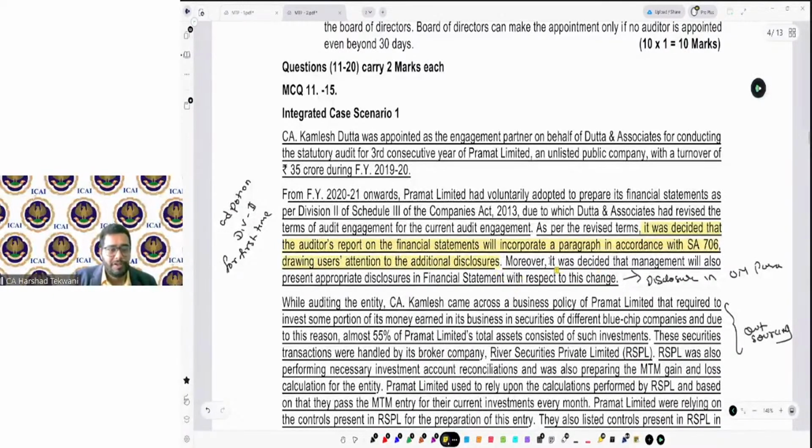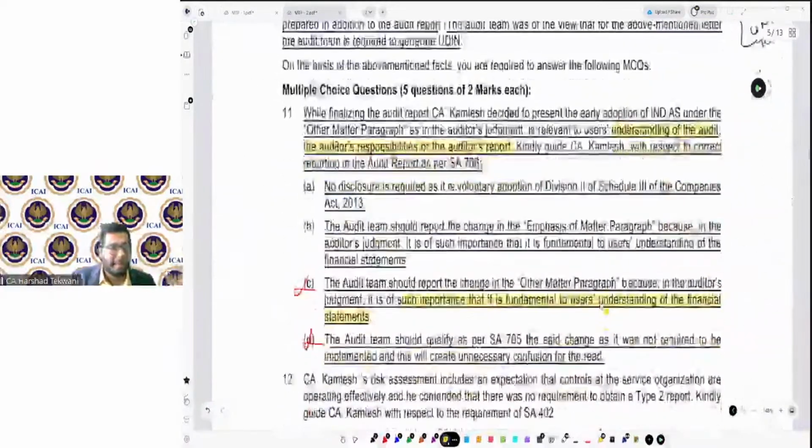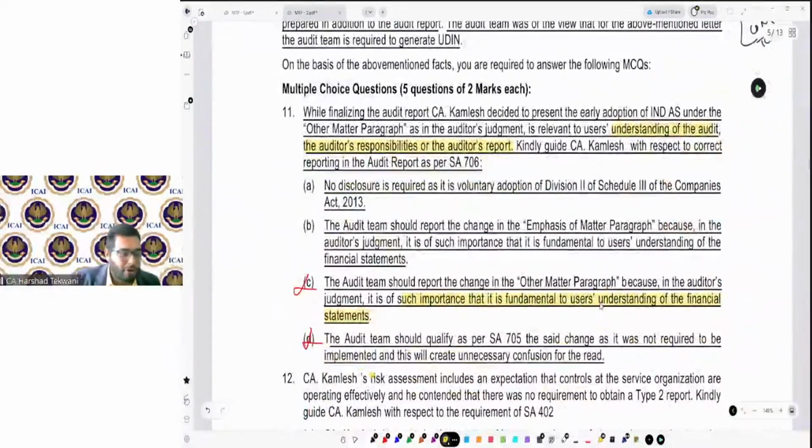Plus, it was decided that the management will also present appropriate disclosure in the financial statement with respect to this change. Then why would I select the option for no disclosure? If they are deciding to disclose, then the correct option will be an option with a disclosure, not without disclosure.